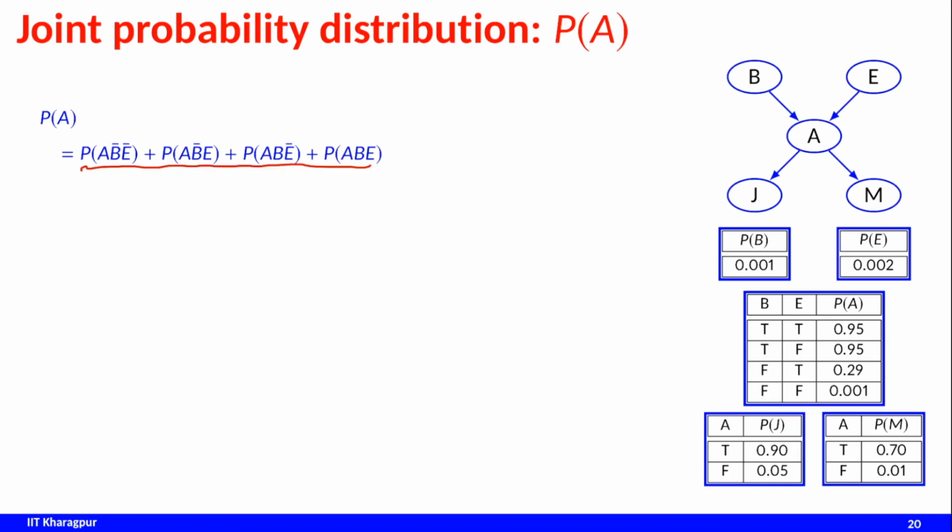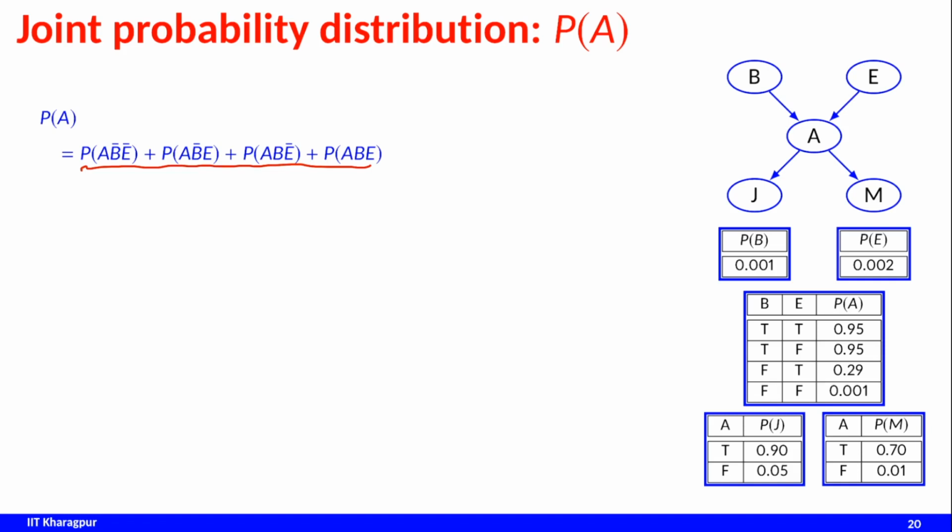So probability of A can happen if A happens and both B and E do not happen, or B does not happen and E happens, or B happens and E does not happen, or both B and E happen along with A. So these are the possibilities under which A can actually happen.